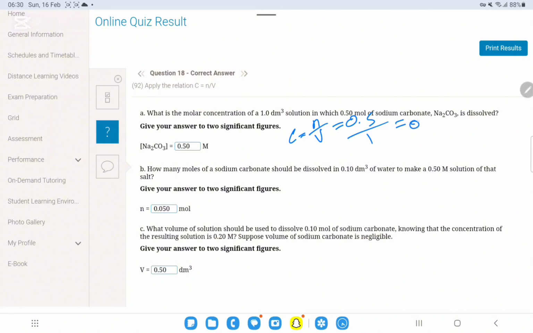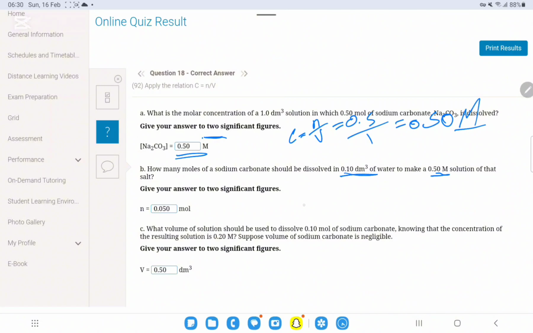You get 0.5. Two significant figures, you add the trailing 0.5 m molarity. So 0.5. How many moles of sodium carbonate should be dissolved in 0.10 decimeters cubed of water to make a 0.5? Okay, so they gave us the molarity, the concentration, and they gave us the volume.